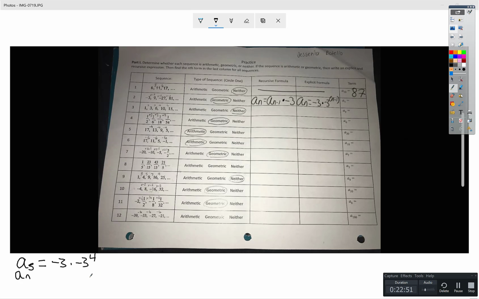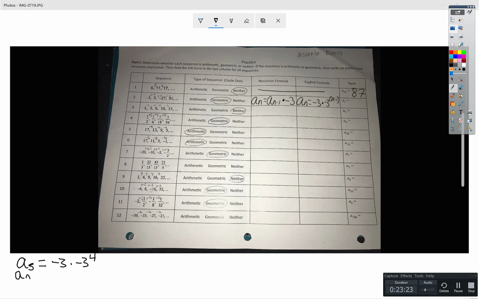So we say -3 to the 4th power, -3 times -3 is +9, times -3 is -27, times -3 is +81, and 81 times -3, let's see, 8 times 3 is 24, so 80 times -3 is -240, and then 1 times 3 is 3, so it'd be -243.